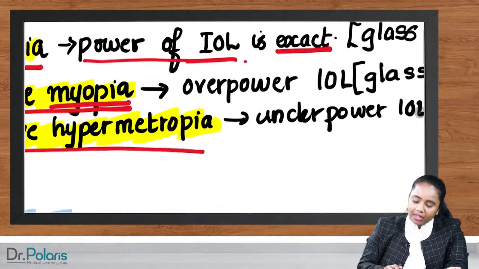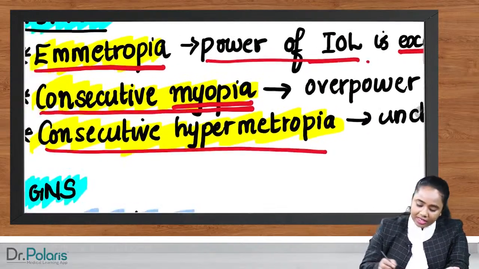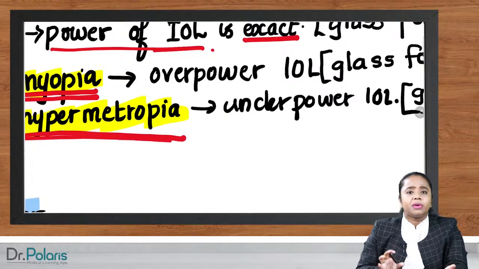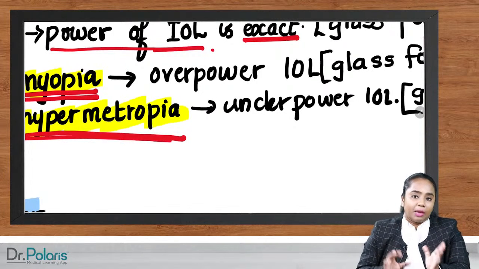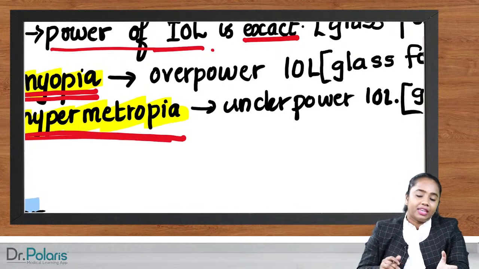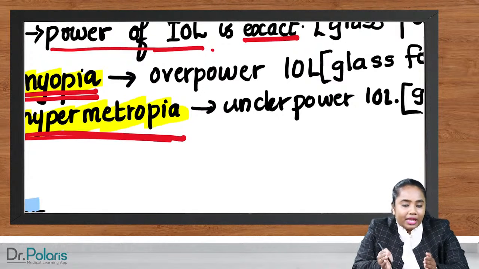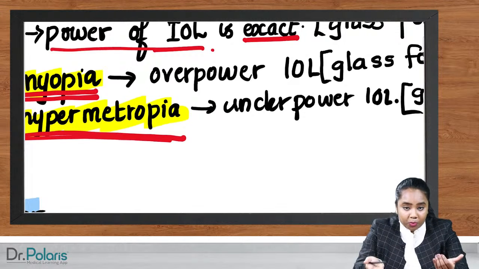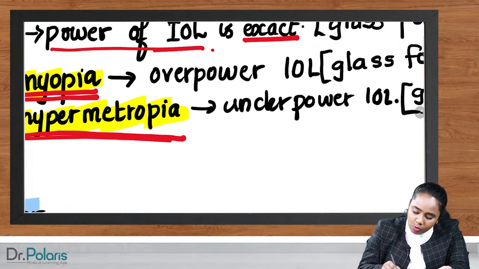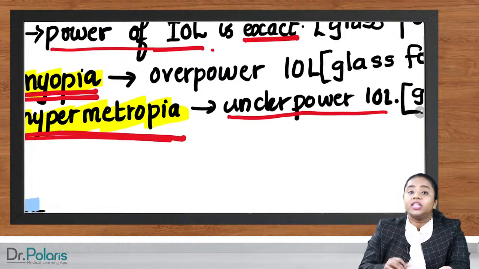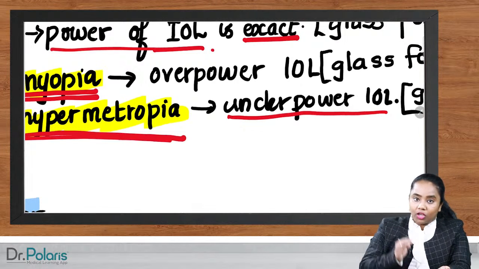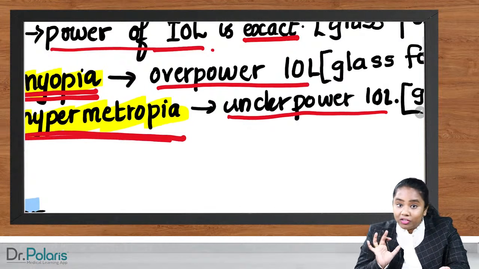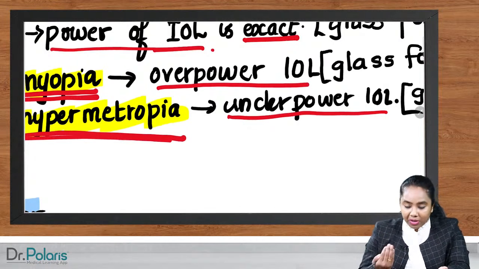If an underpowered IOL is inserted, then it becomes hypermetropia. Remember, when we studied hypermetropia and myopia, the findings were all small in hypermetropia and all large in myopia. So here also, an underpowered intraocular lens causes consecutive hypermetropia and an overpowered intraocular lens causes consecutive myopia. That is how we can remember things.